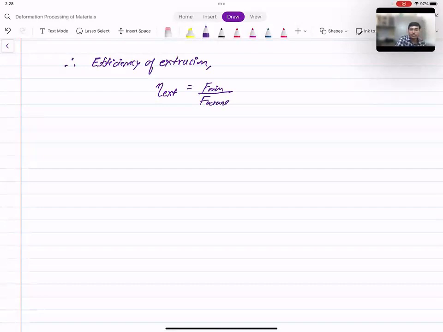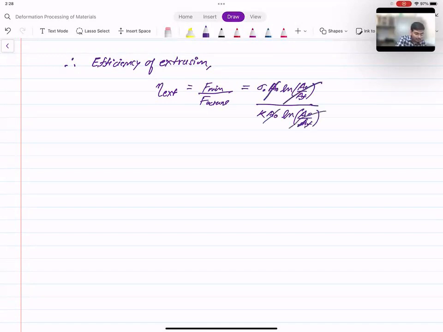If we substitute the values from the above relations, this was sigma naught A naught ln of A naught by AF, and this was K into A naught ln of A naught by AF. These two terms get cancelled out, so we are left only with sigma naught over K. So eta becomes sigma naught over K.